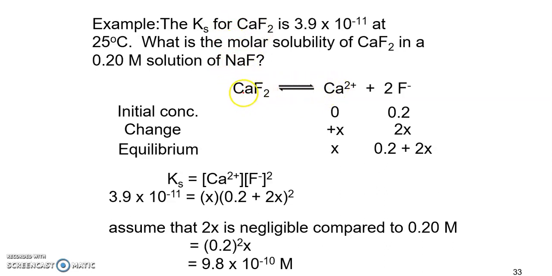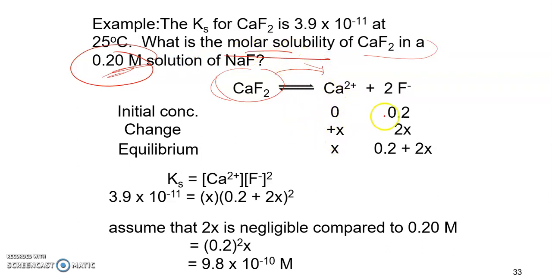This solid dissociates into Ca2+ plus 2F-, and given that the sodium fluoride concentration is 0.2 molar, this is our initial concentration of F-.